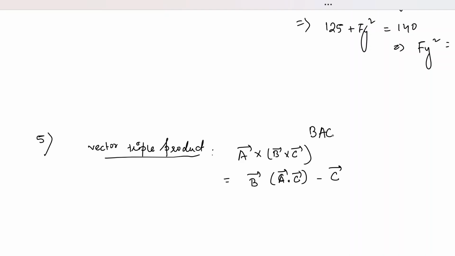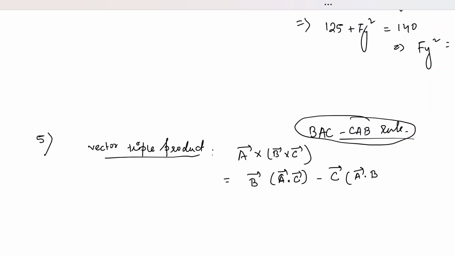This is something to remind you, so that you do not get puzzled about which term to put first. For A cross B cross C, a generic expression of a vector triple product, you follow the back cab rule. Why back cab? Because B comes first, then A dot C, minus C coming first, then A dot B. Always remember the dot product is only in the bracketed term.